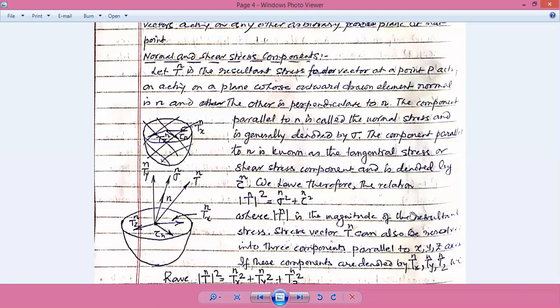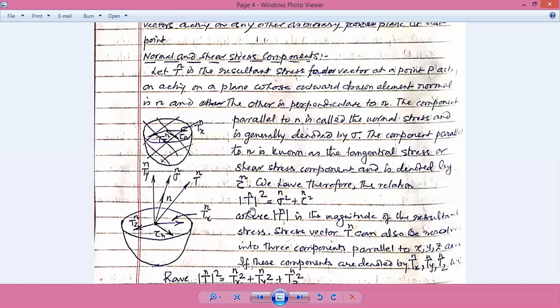So we have the relation: the resultant T squared is equal to sigma squared plus tau squared. All these are given with vector signs because they act on a plane whose normal is n.